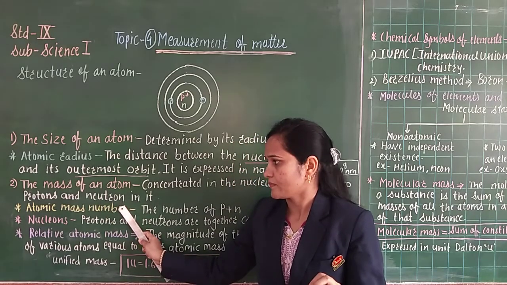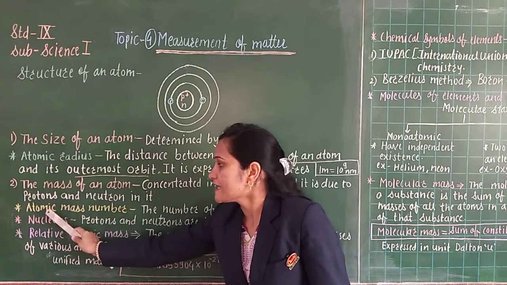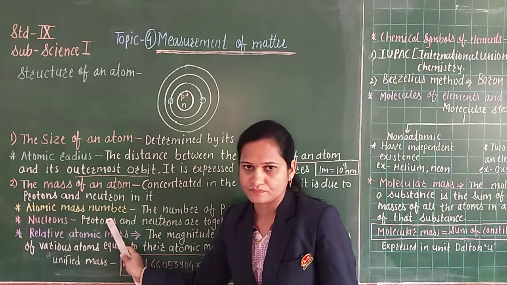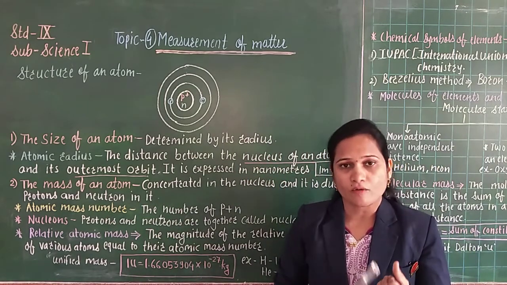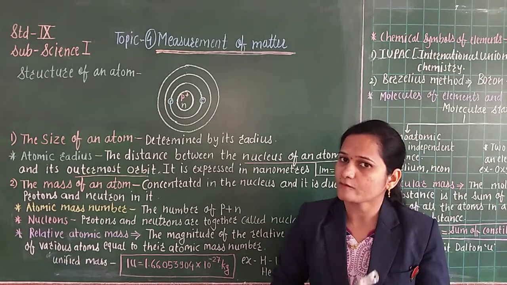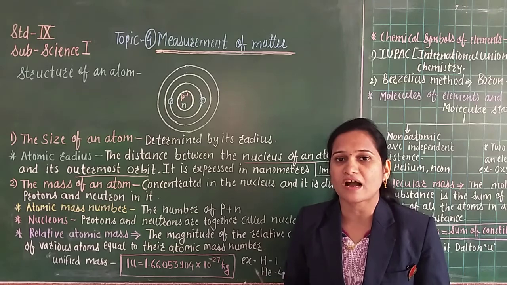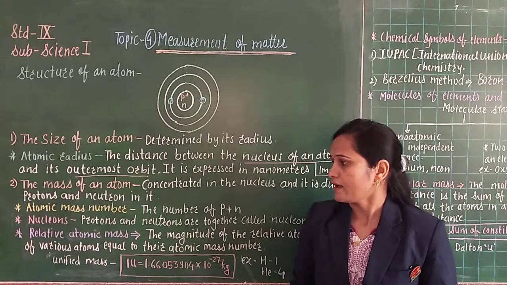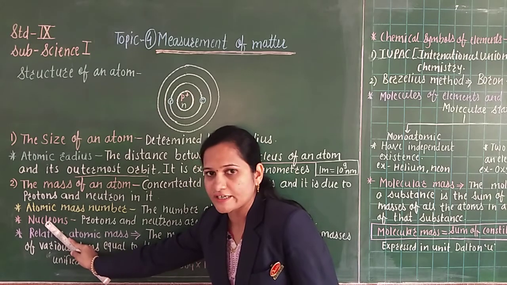Now the next related concept is the atomic mass number. Atomic mass number means what? The number of protons and the number of neutrons is called the atomic mass number. And one more concept is also written here.